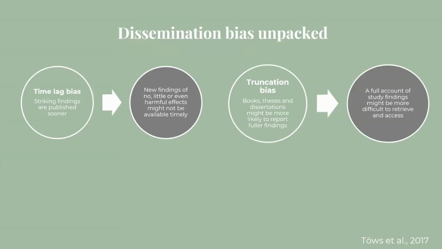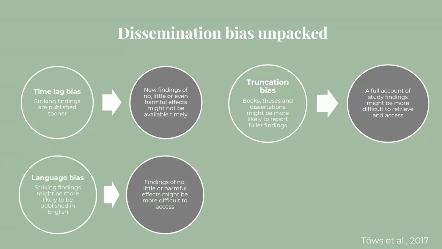We found truncation bias, that describes that researchers often choose to employ books and reports as a medium for communication, as these are less constraining than journal articles. And still, often literature searches are confined to journal articles and therefore produce truncation bias because they cannot retrieve the full account of the studies published.